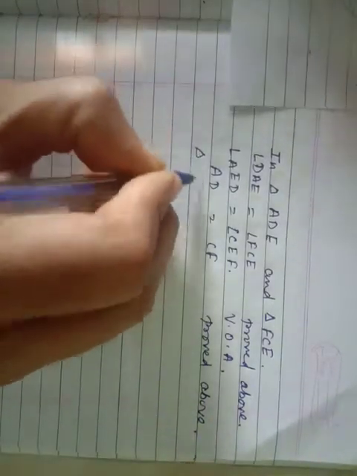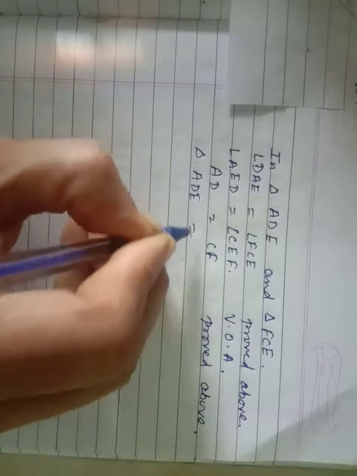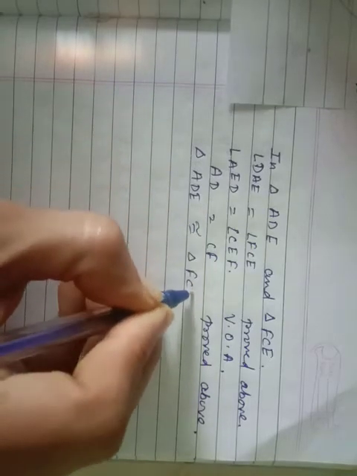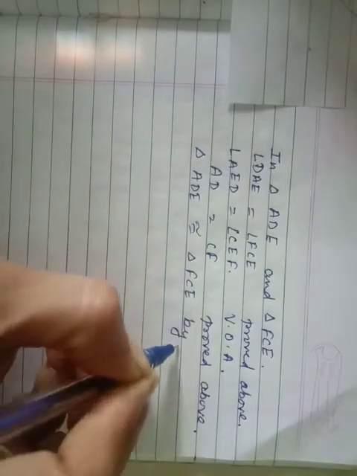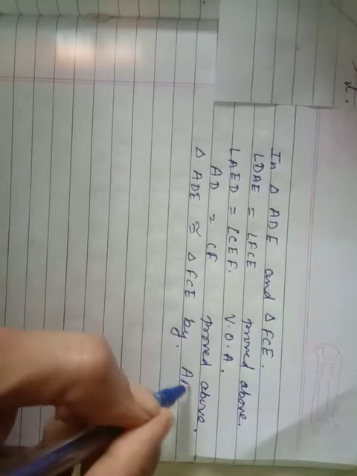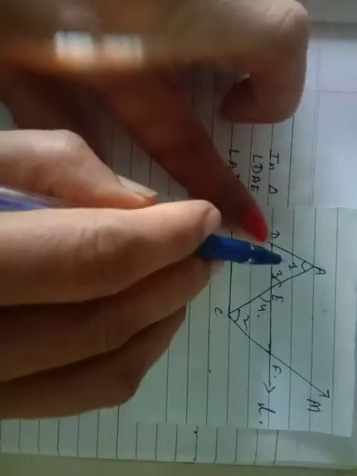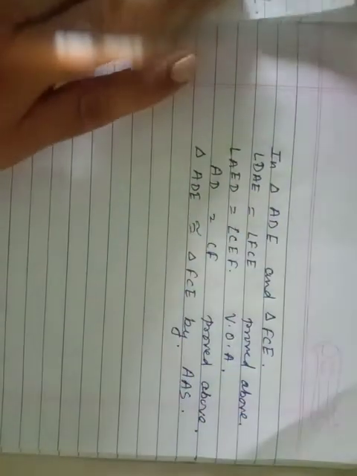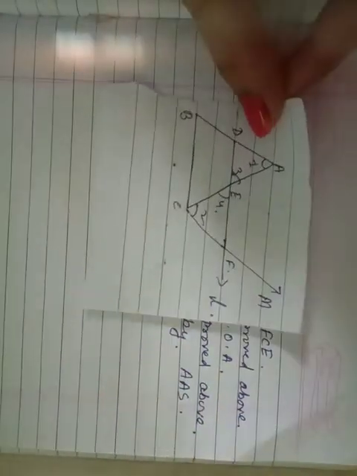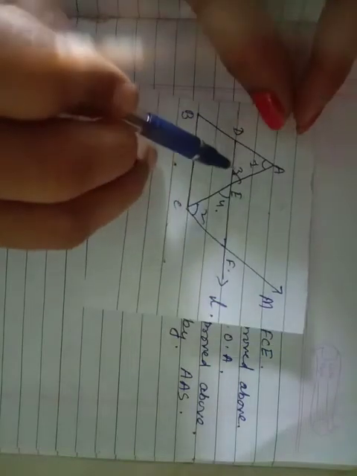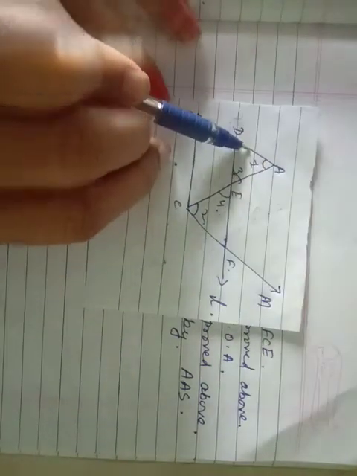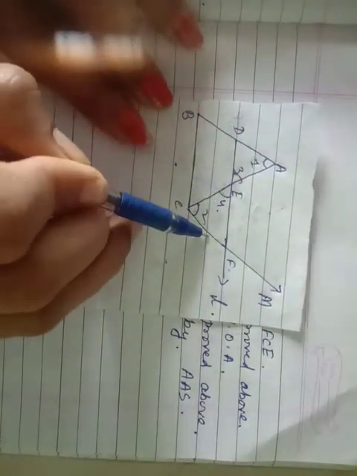So our triangles are congruent by AAS. Now you see this: angle and side. Here also angle and side.